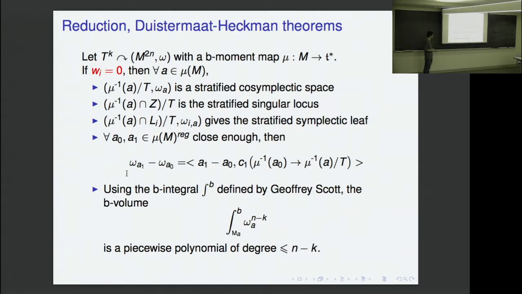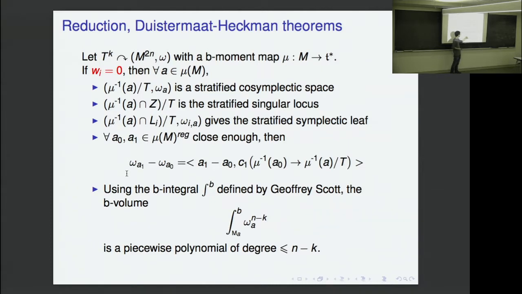And then we can also consider the Duistermaat-Heckman measure by computing the volume of this reduced space. In this case, the b-symplectic form has log singularity, so it might not be integrable.